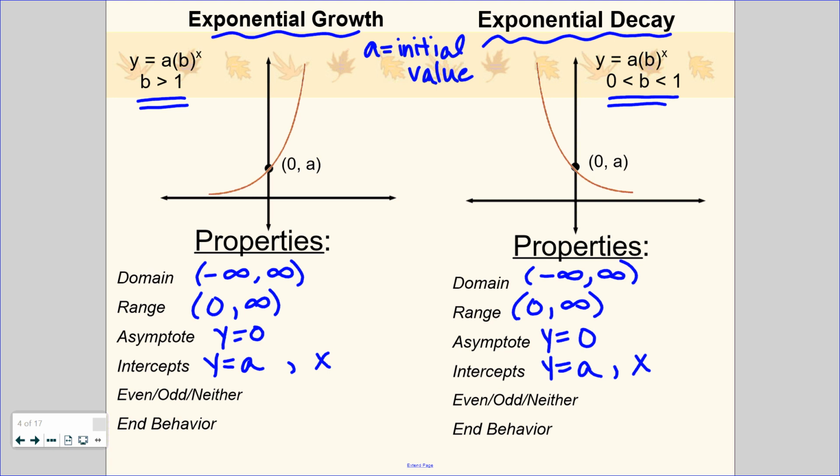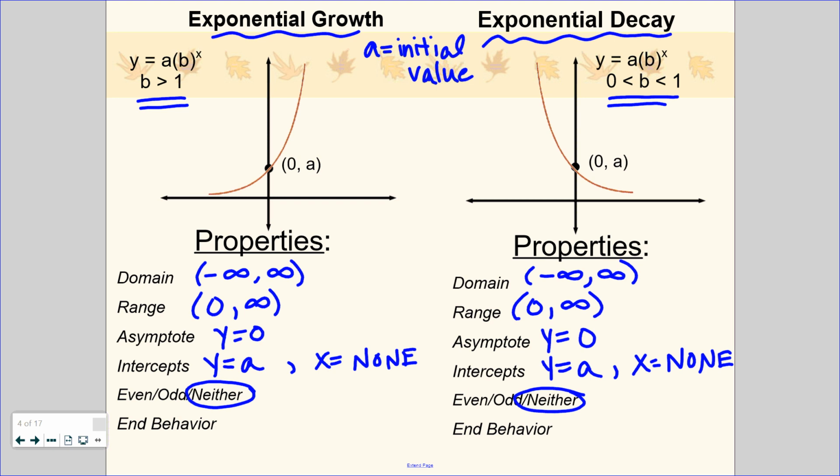No, we just said there's an asymptote there, right? So none. Okay, what about even, odd, or neither? So even is symmetric to the y-axis. Odd is symmetry to the origin, flip it upside down, looks the same. And then neither is neither. This is a neither. If you flip it upside down, you're going to see the graph is completely crumpled. So neither.